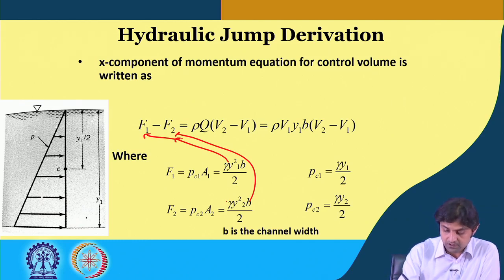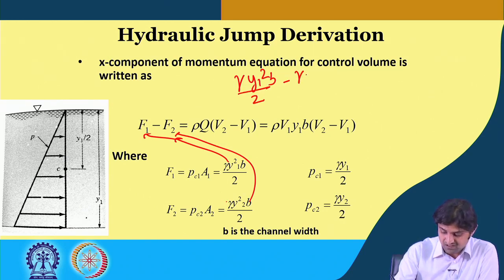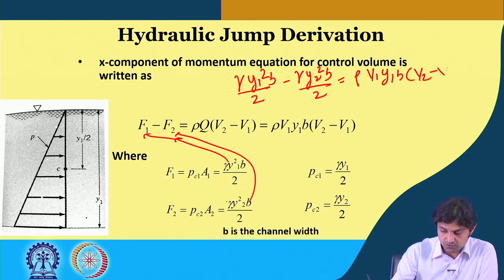So, this will be gamma y1 square b by 2 minus gamma y2 square b by 2 is equal to rho v1 y1 b into v2 minus v1.